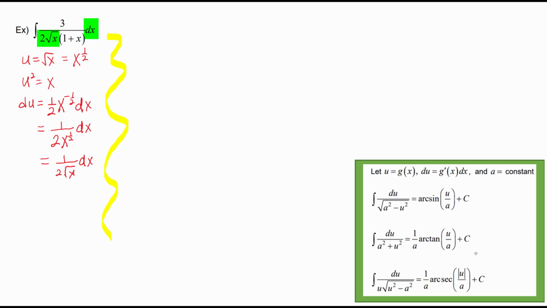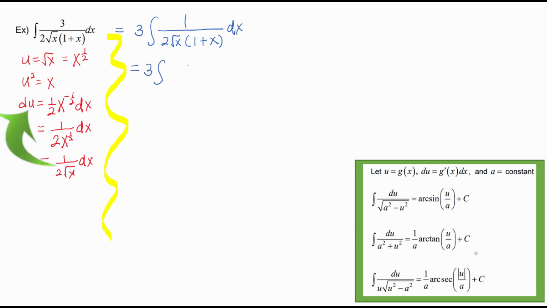I do have a 1 over 2 radical x dx. You're right, I do have a 3 over, but that 3 is a constant multiple. So I can always pull that out in the front. So let's do that. I have a 3 times the integral of 1 over 2 radical x and 1 plus x dx. So then 3 integral 1 over 2 radical x dx.